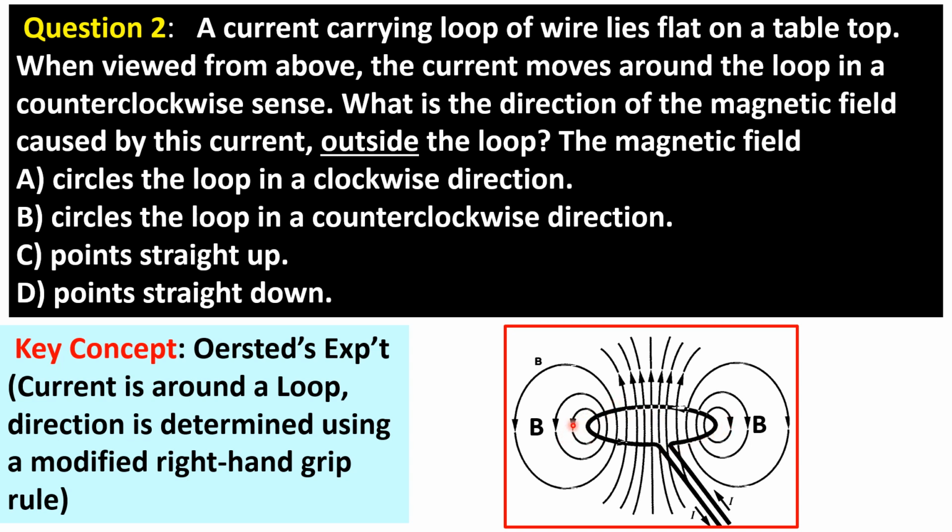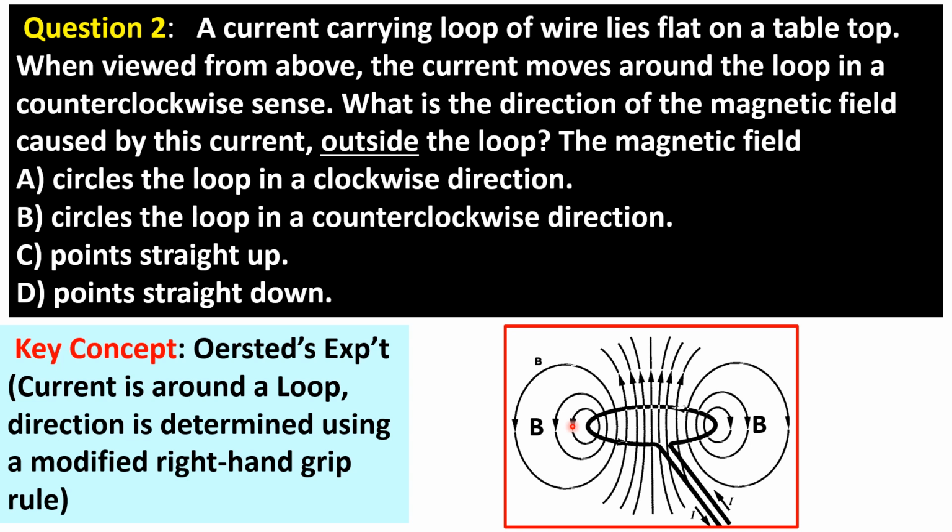Such as, for example, at this point, what is the direction of the magnetic field exactly to the left of that particular part of the loop? As shown by these circular arrows that you see here, representing the magnetic field, again, just like in the first question, you can imagine that the instantaneous magnetic field at that point has a direction tangent to the point in the circle, right?